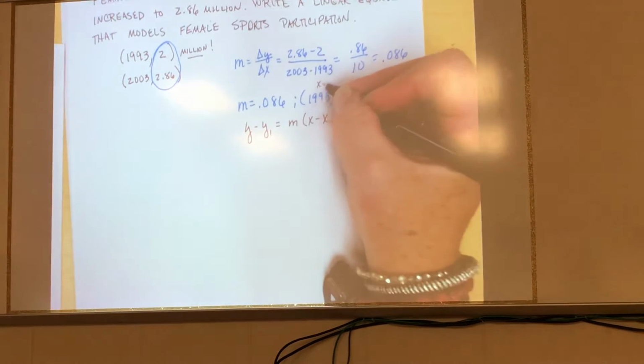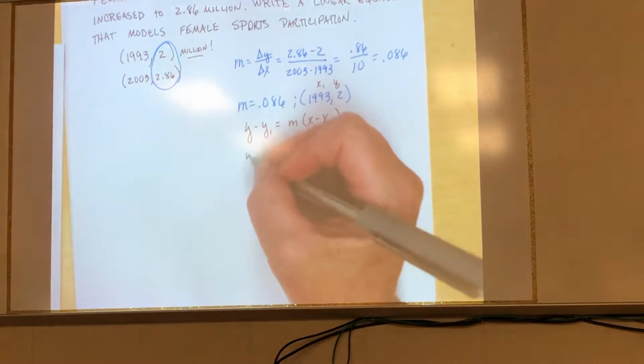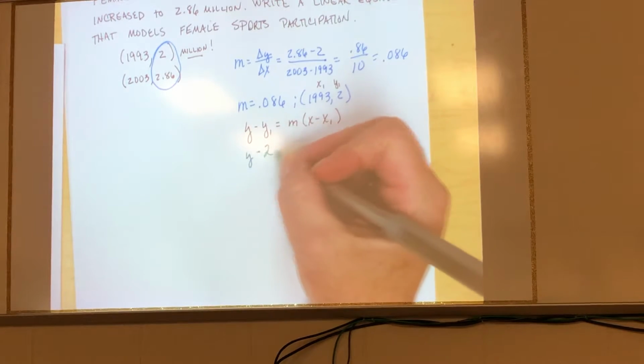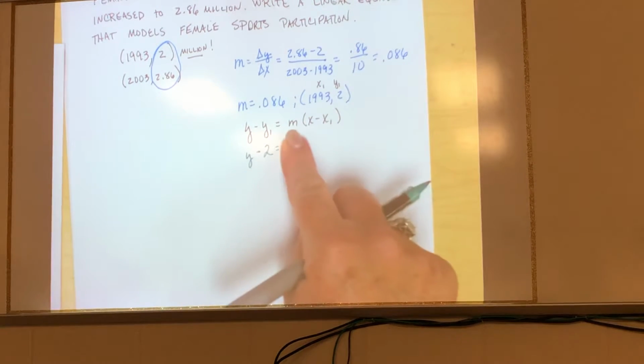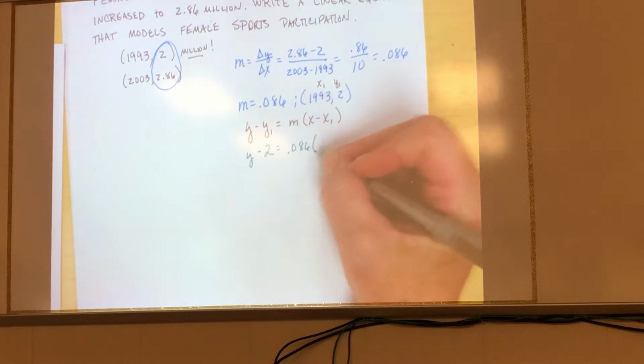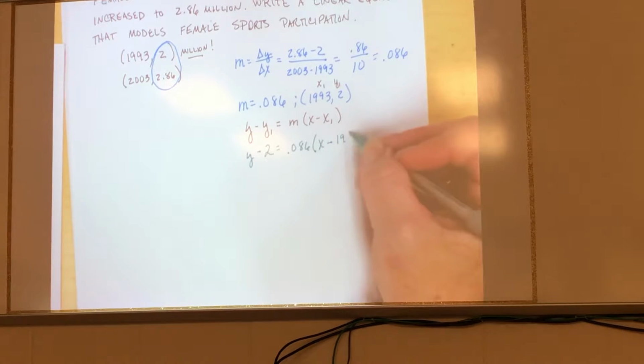So this is my x sub 1 and y sub 1. I'm going to sub them in. Y minus, what is y sub 1? 2. You should be working ahead. Is equal to m, 0.086, times x minus x sub 1, 1993.